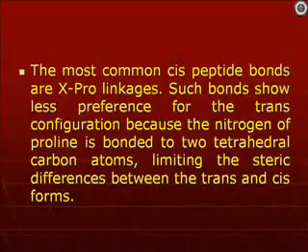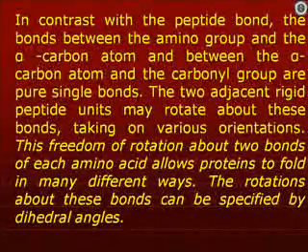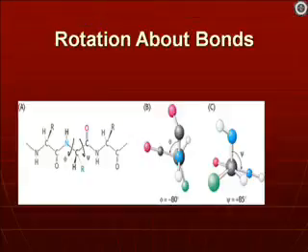In contrast with the peptide bond, the bond between the amino group and the alpha carbon atom and between the alpha carbon atom and the carbonyl group are pure single bonds. The two adjacent rigid peptide units may rotate about these bonds, taking on various orientations. This freedom of rotation about two bonds of each amino acid allows proteins to fold in many different ways. The rotation about these bonds can be specified by dihedral angles.